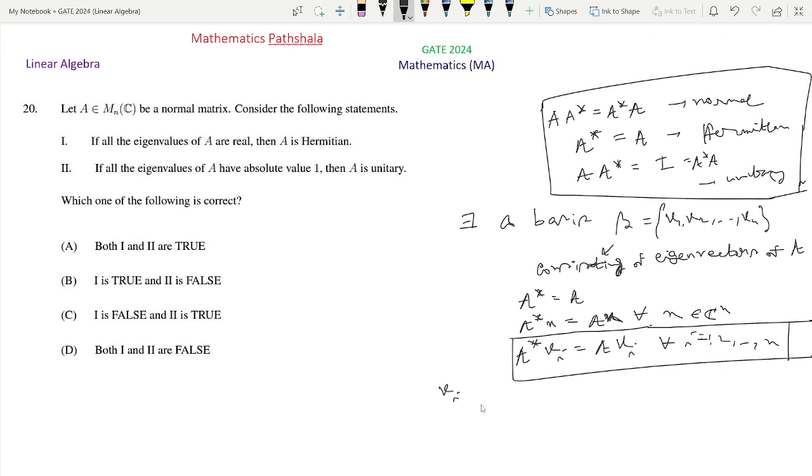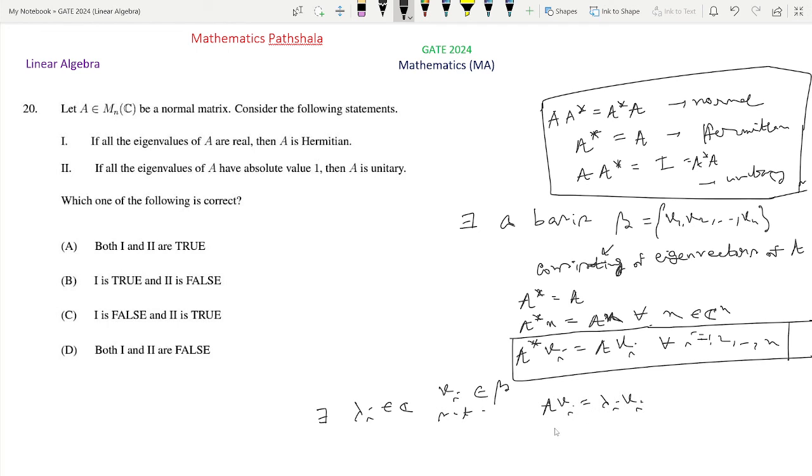Now as this Vi belongs to beta, and beta consists of eigenvectors of A, Vi is an eigenvector of A. So there exists a scalar, say lambda i belongs to C, such that A Vi equal to lambda i Vi.